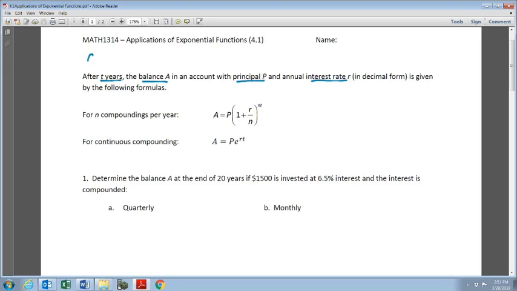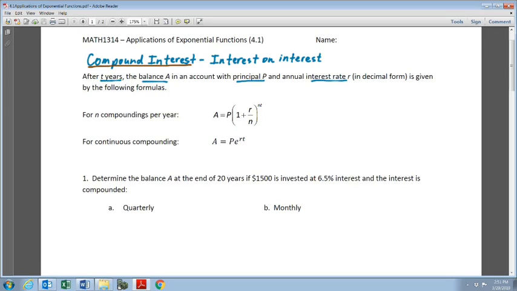And I just want to make a comment here. What we're dealing with here with these formulas is compound interest. And really, compound interest is just interest on interest. For example, if you deposit some money into a checking account in most banks these days, at the end of each month you'll get a statement, and they apply interest each month to your account based on the average balance in the account during that first month.